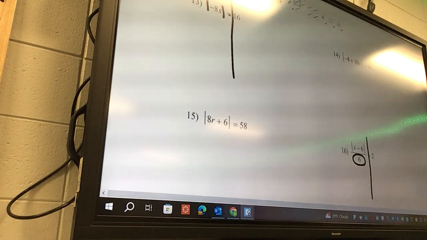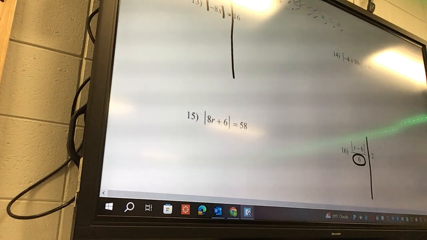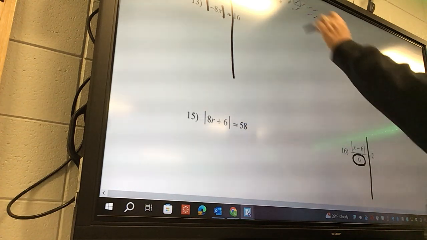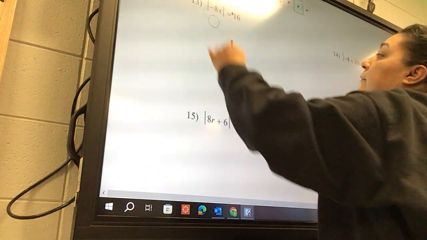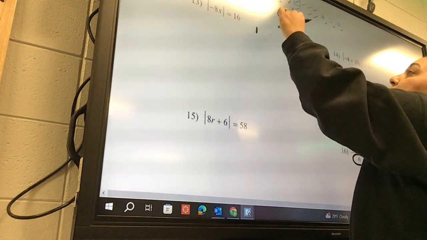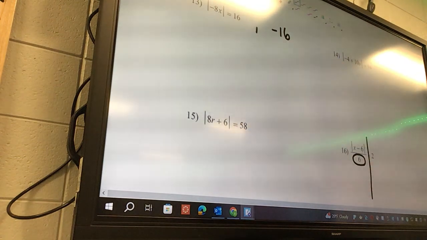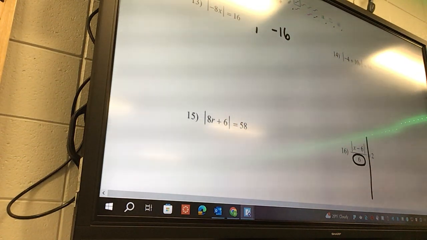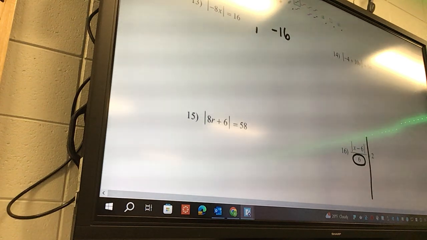So if we look at 13, no one is on the outside of the bars. Okay, so your very first step is going to be, say, comma. And right now it says equals 16, so we're going to say comma equals negative 16. Okay, we take the answer, whatever it is, and say comma and make it a negative. Now if we're looking at the inside of the bars, what needs done?